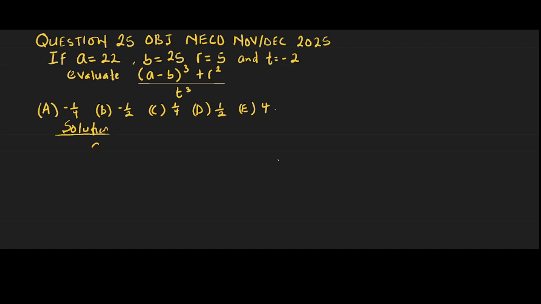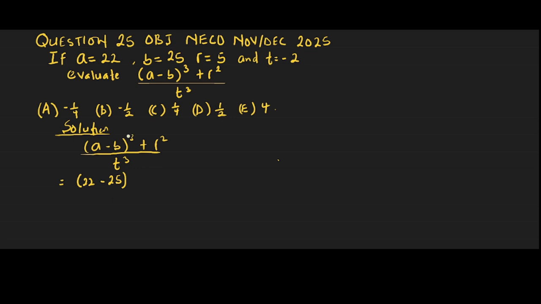We are given (A minus B) raised to power 3 plus R squared all over T raised to power 3. We are asked to evaluate this, and in the question we're told that A equals 22. That means we substitute that into A, so we have 22 for A. B is 25, so minus 25.